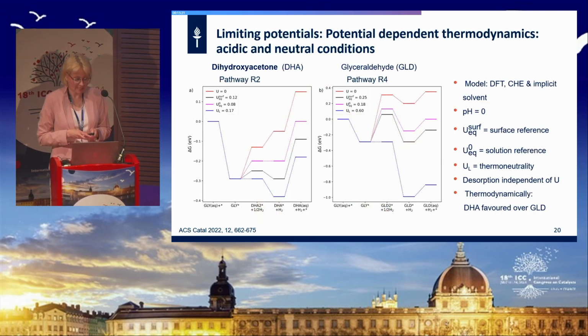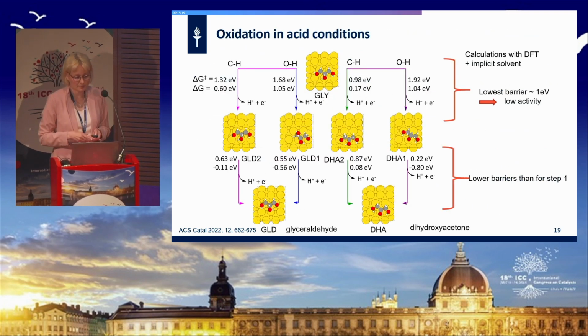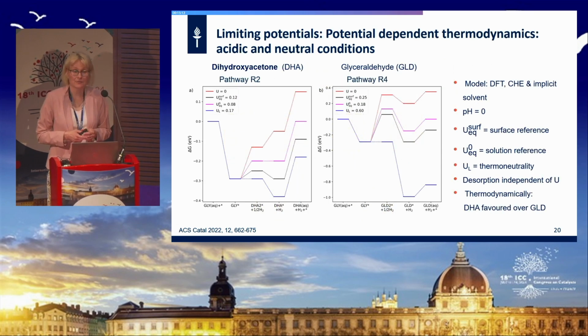But which one is winning? Is it the DHA or GLD species? For that, we carried out the typical limiting potential analysis, so looking at their potential-dependent thermodynamics under acidic and neutral conditions, using the DFT and computational hydrogen electrode.